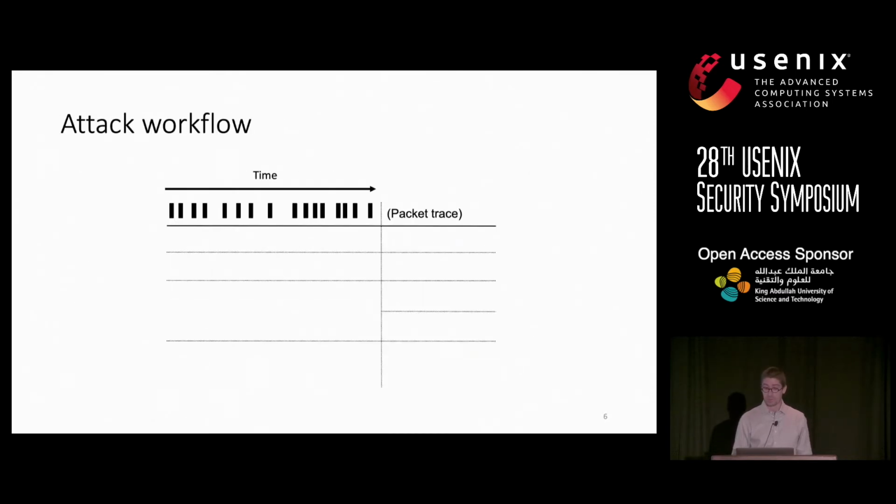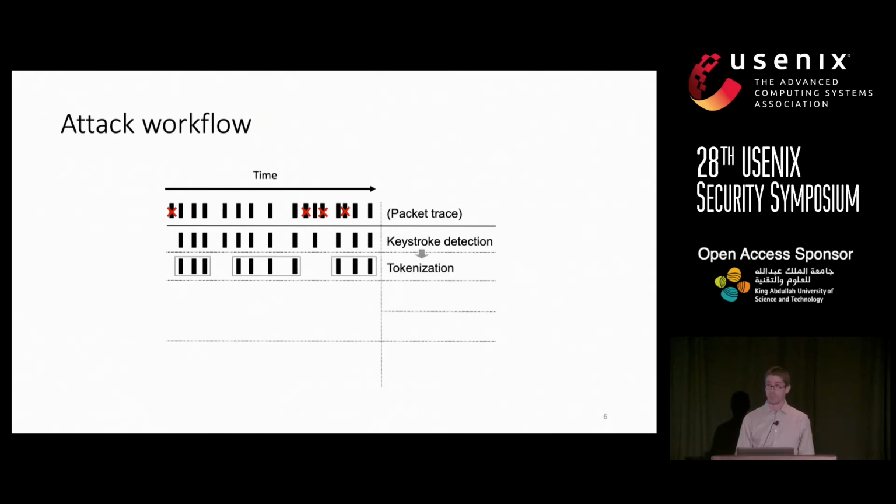The attack proceeds in 5 steps, and each step feeds into the next, like a waterfall model. We begin with the complete packet trace, which includes requests to load the page itself, other page assets, and dynamic content. We have to figure out which of that traffic actually corresponds to keystrokes. We then tokenize the query, figuring out the size of each word.